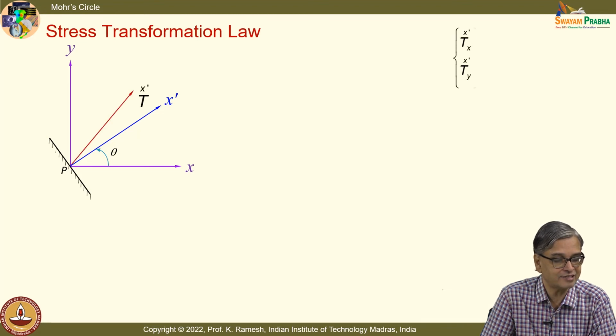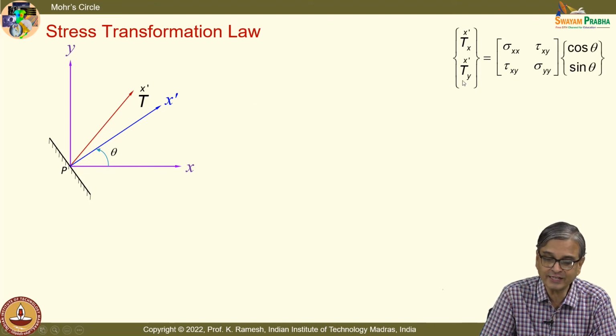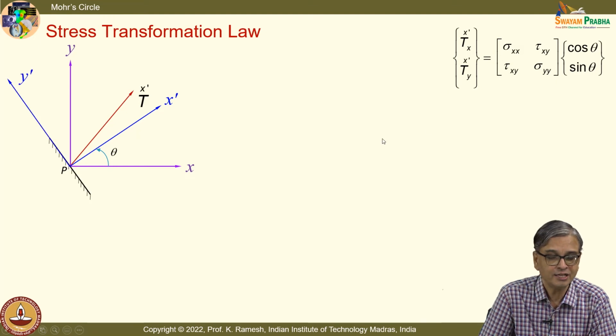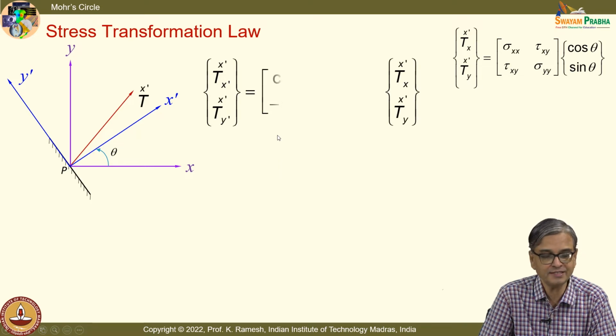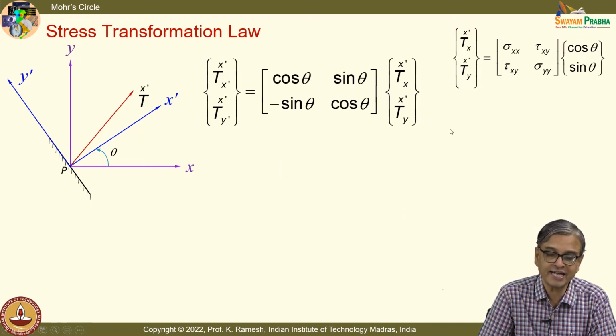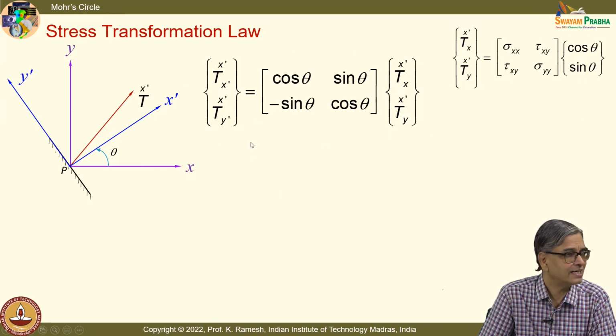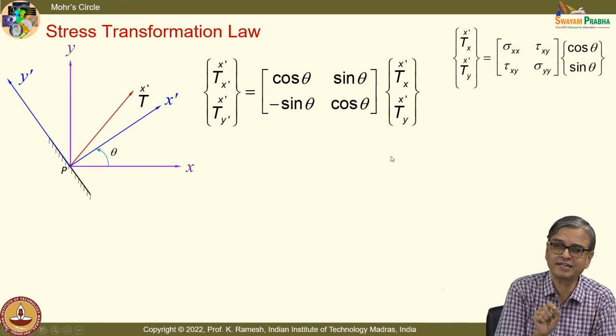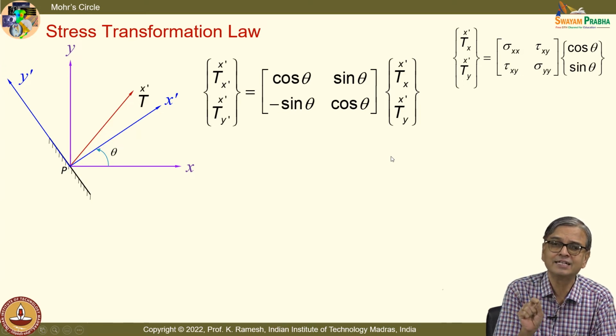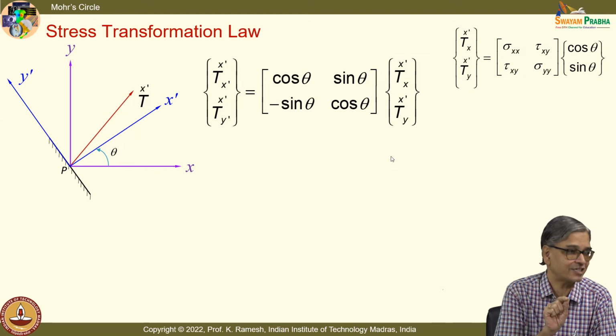I have to get the stress vector Tx prime, and the stress vector you get by Cauchy's formula. From the Cauchy's formula, you transform Tx prime x to Tx prime x prime by a vectorial transformation. This is a vectorial transformation. So, this takes care of one index, this takes care of the two indices. The first index is related to the plane, the second index is related to the direction.